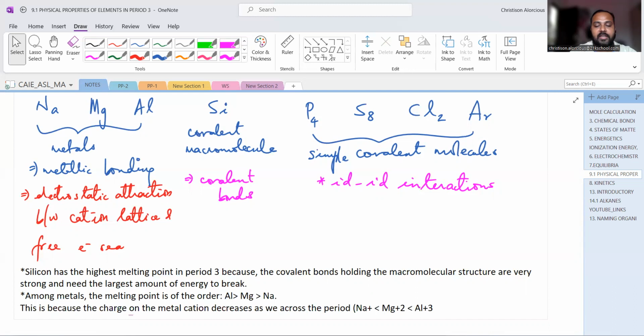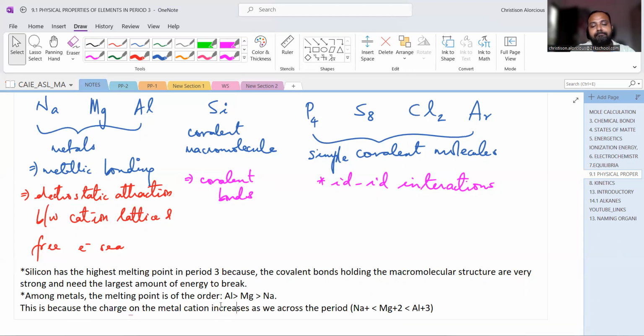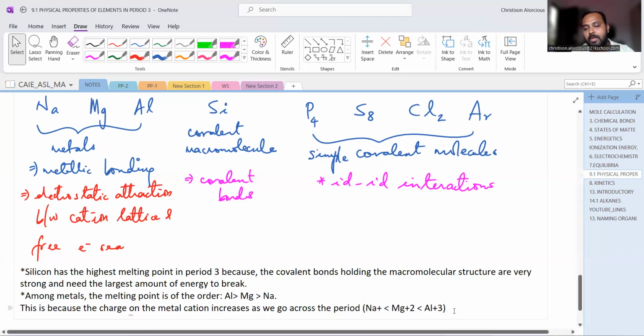Aluminum forms a +3 ion. So the charge on the metal cation increases as we go across the period.